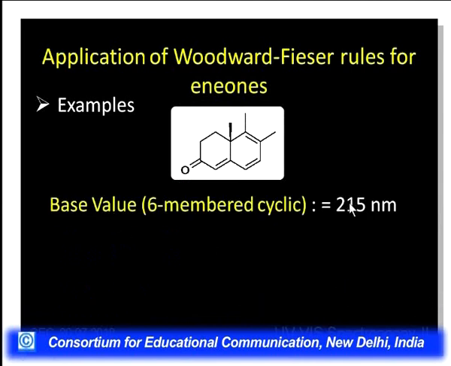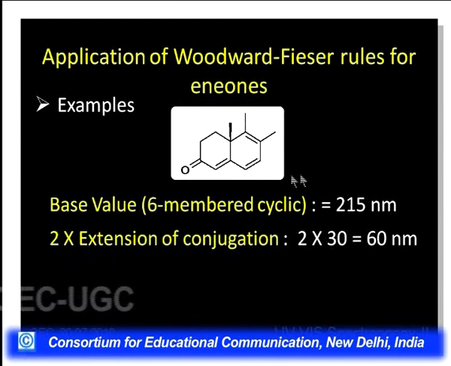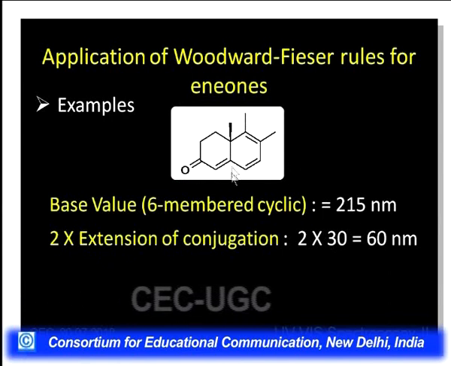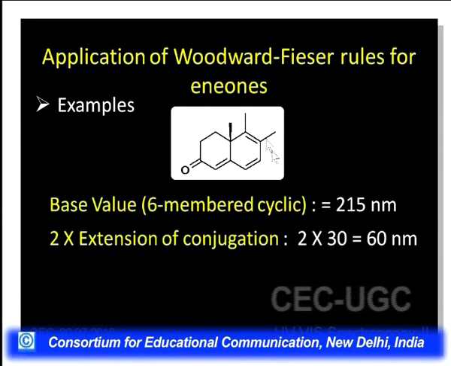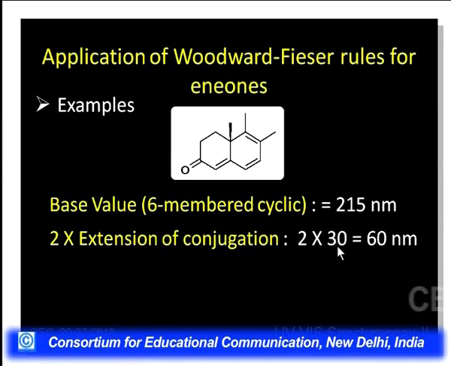Say base value happens to be 215 again. In this case, you find that this is the basic chromophore, this is extension of conjugation here, and second one also. So this is an interesting example. They will add up to about 60 nanometers, because there are 2 into 30 for each extension of conjugation.